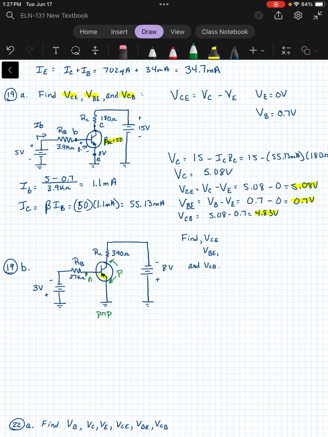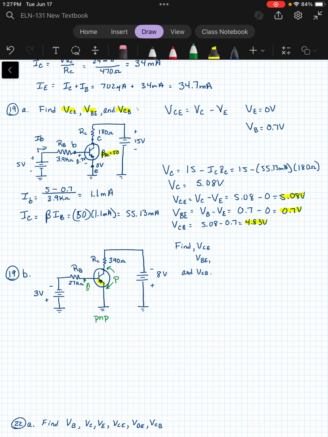So in order for this to be operating in the active region, we need the base to be positive or forward biased. So we would have to have the negative terminal of our source connected at this point, which we do. And also, in order to be working in that active region, our P-type material here at the collector needs to be reverse biased.